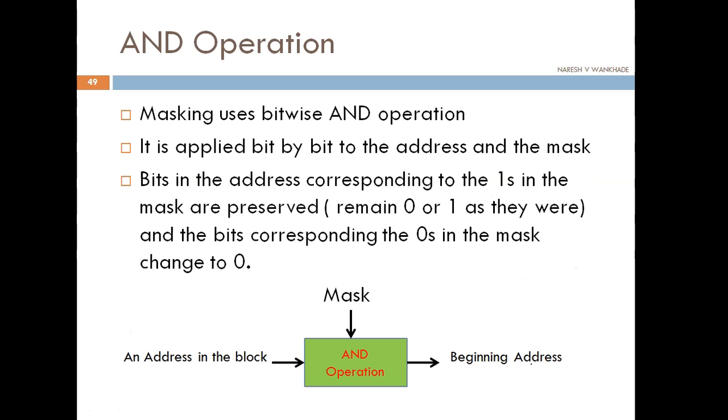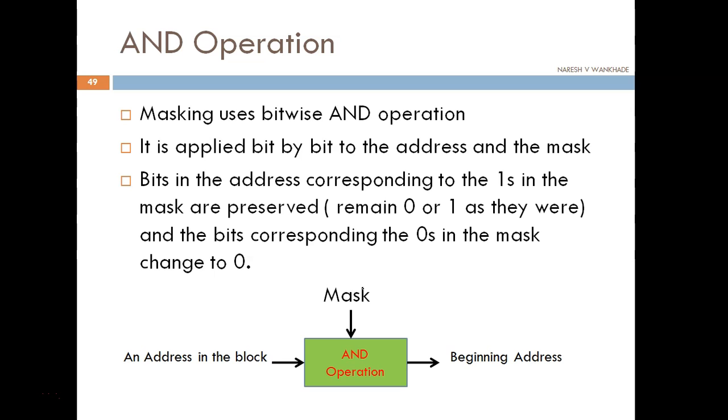Now let's see how to find the network address using a mask. Masking uses a bitwise AND operation, and this AND operation is applied bit by bit to the address and the mask. Bits in the address corresponding to the ones in the mask are preserved, either 0 or 1 as they were, and bits corresponding to the zeros in the mask change to 0.